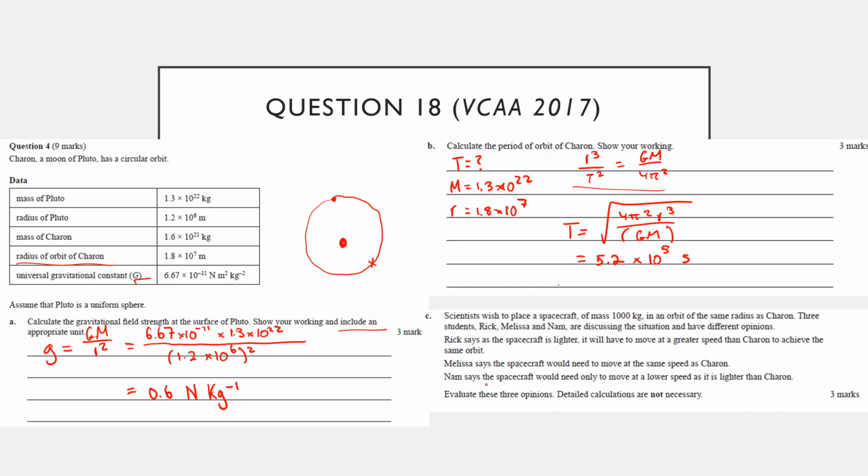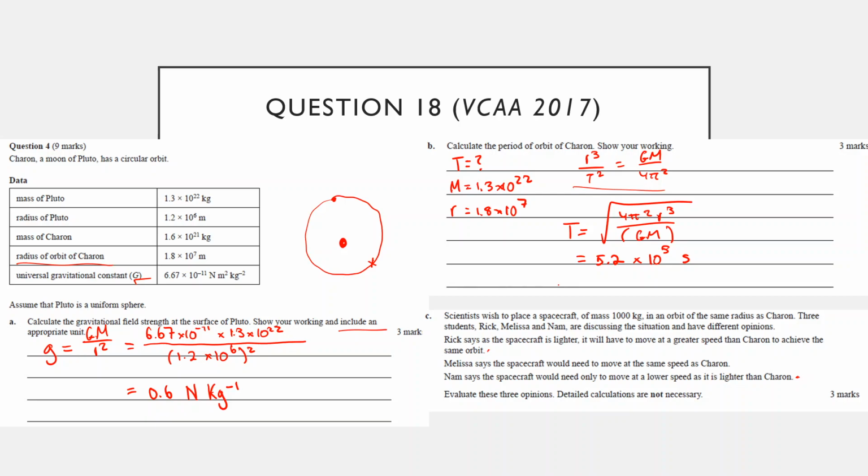And Nam says the spacecraft would need only to move at a lower speed as it is lighter than Charon. I could see why someone would think that one. I don't really see why someone might say the first one, unless they think that because it's lighter, gravity is going to, I don't know, pull it down towards Pluto more than it would for Charon? I don't know.